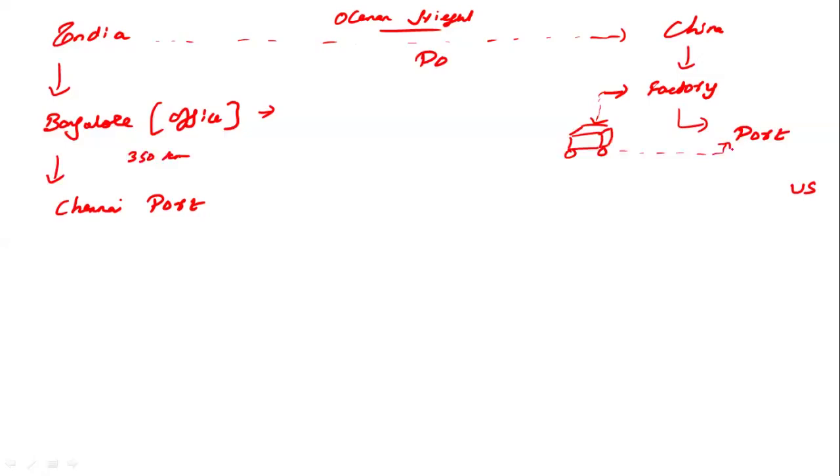They are going to load all the materials into a truck and bring the truck to the China port. When this truck is traveling from factory to port, there is a freight.